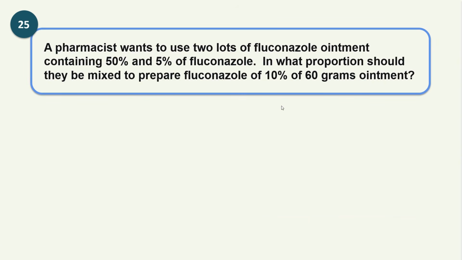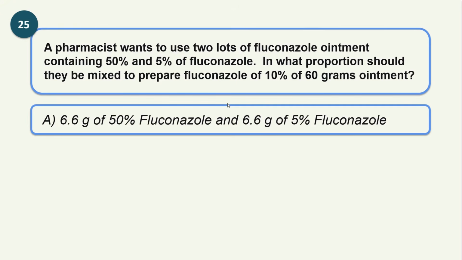Next, a pharmacist wants to use 2 lots of fluconazole ointment, one with 50% and another with 5%. In what proportion should they be mixed to prepare fluconazole 10% of 60 grams? Here you want to make 10%, but your pharmacy has 50% and 5%. So let's see how we do that.